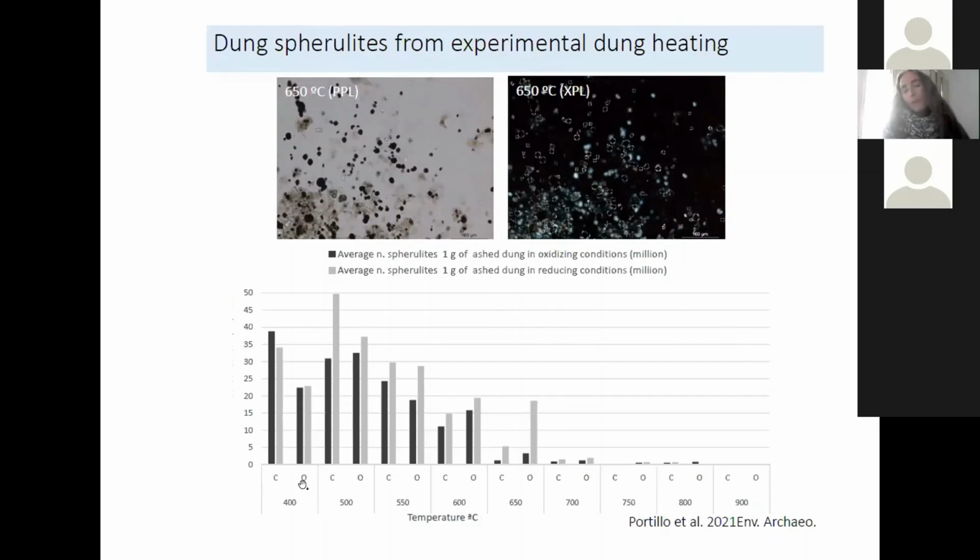It's a pattern which is very similar between the two different types of dung, but the differences are especially regarding the heating conditions in the oven. If oxidizing, the spherulites may disaggregate earlier, calcine earlier than in reducing conditions.